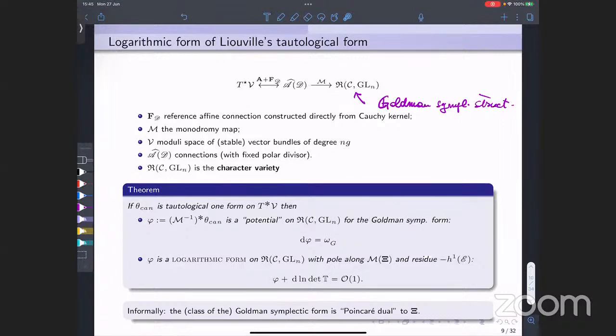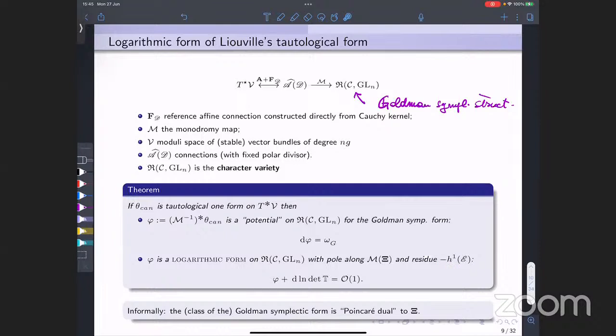And the statement is that this meromorphic object has a pole along exactly the image by the monodromy map of the non-abelian theta divisor. Not only that, but it has an explicitly computable residue at each point of this divisor, which is exactly minus h1.